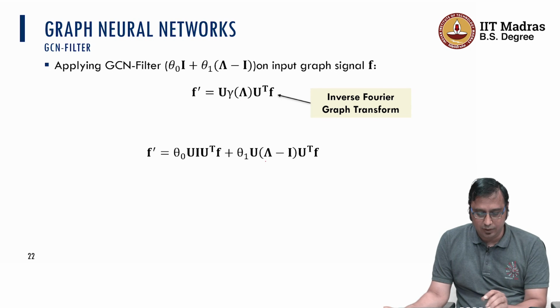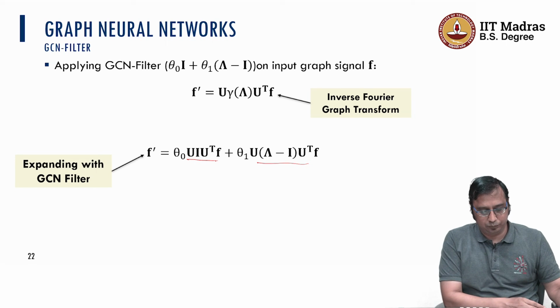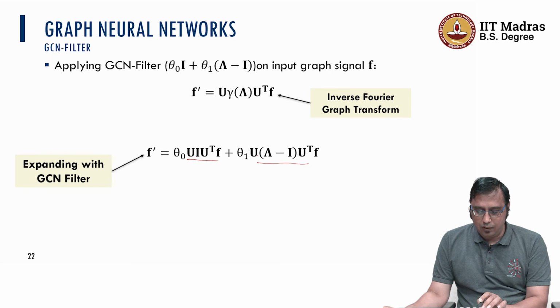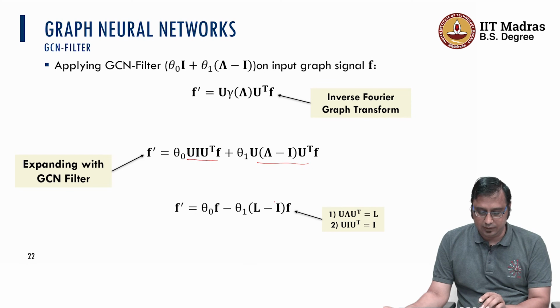When we substitute and simplify, you will get this term and this term. U_i U transpose is going to be I. And this one, if you simplify, we'll realize that it will be lambda minus I. So f dash, expanding with the GCN filter, what we'll have is this filter.